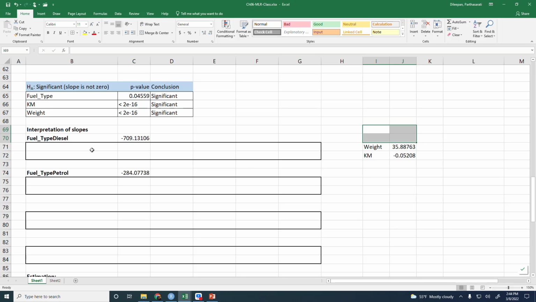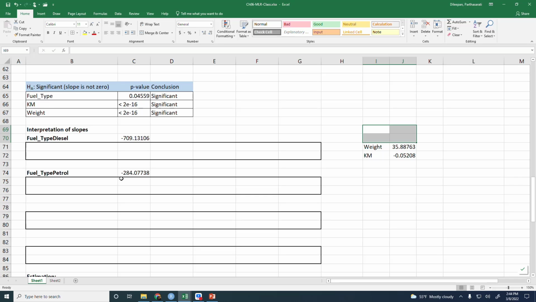So these coefficients compare what happens to our target variable relative to the category that we left out. So here the category we left out is compressed natural gas, CNG.